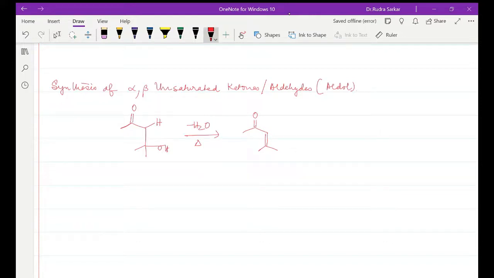So over here, this is our beta hydroxy ketone, where there is a leaving group on the beta carbon. Now this is your alpha carbon and beta carbon. After dehydration, they are having the unsaturation. So it is called an alpha, beta unsaturated ketone.